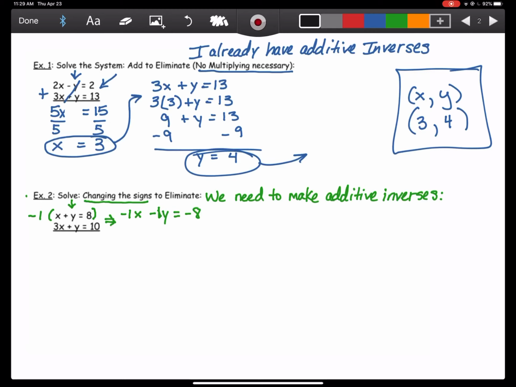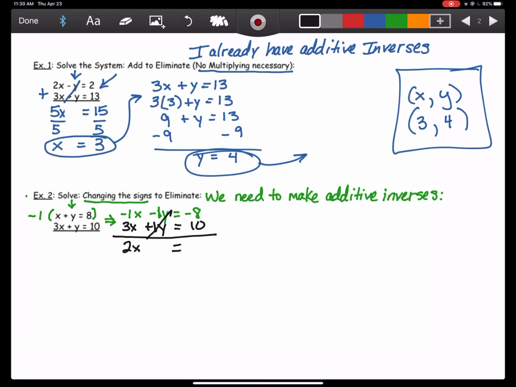So we have -3x down below, -3x plus y equals 10. So I left the bottom equation black because it's not going to change. Now, ask yourself, do I have additive inverses? I do. The y's are additive inverses. I'm ready to total. So I'm going to go -1x plus 3x is 2x. -1y plus 1y is eliminated.